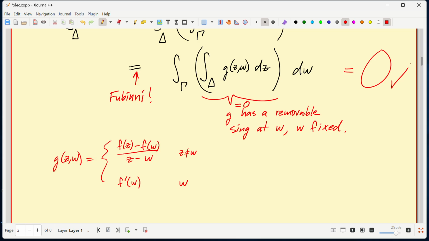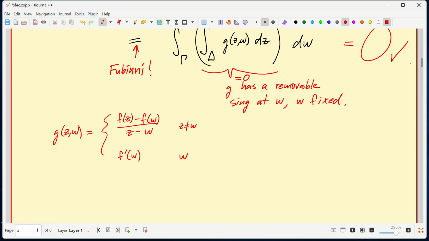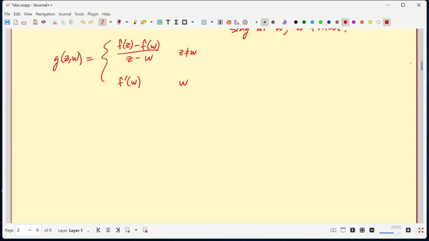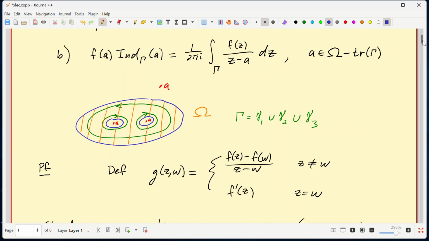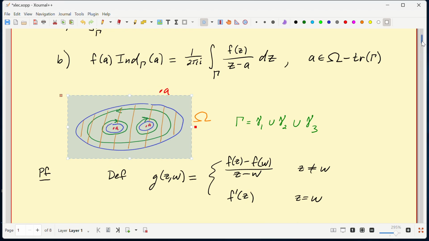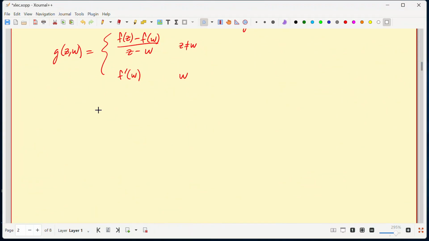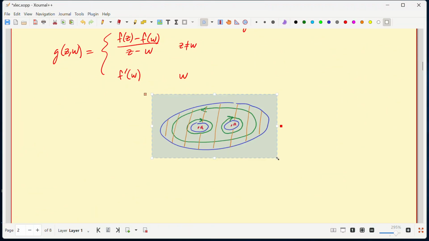Well, let's see. I told you I would extend H to the outside of omega. Let's see. So I'm going to draw that picture again. Maybe I should just copy it. Here it is. Let's make it bigger.